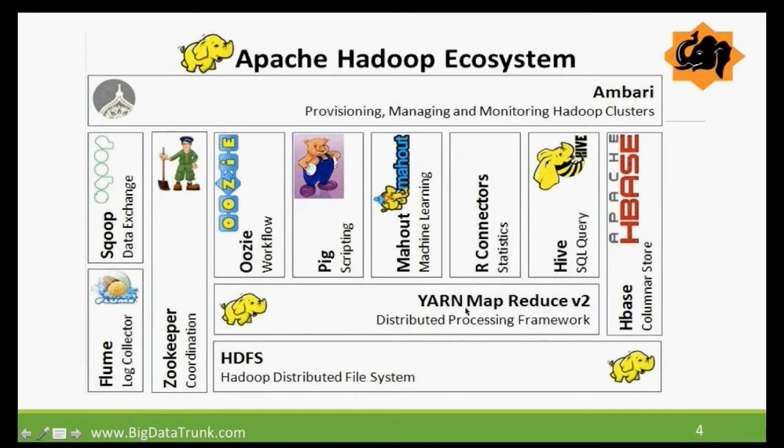It's a phrase by itself, Yet Another Resource Negotiator. That was the better resourcing mechanism brought in version 2 of MapReduce, and it's part of this distributed framework. So these two are the core backbone of Hadoop's ecosystem. This is for the storage piece of it, and MapReduce provides the processing capability on this data set.